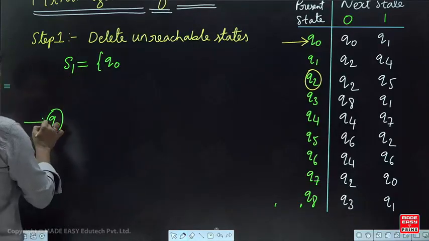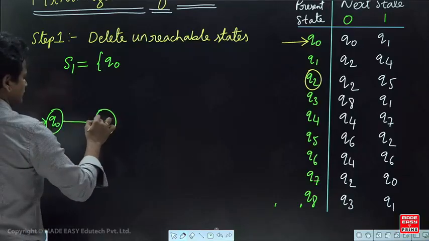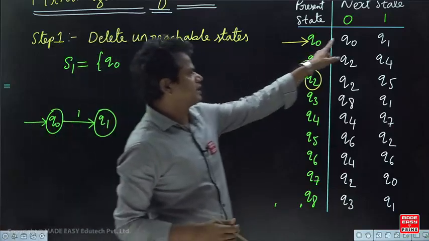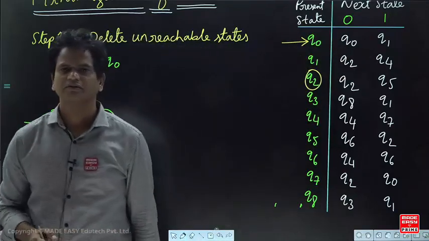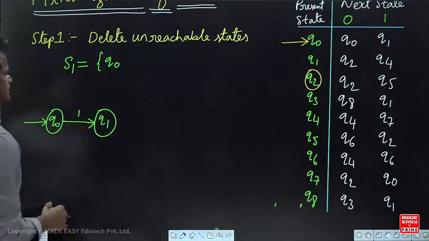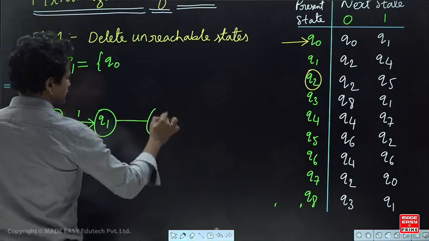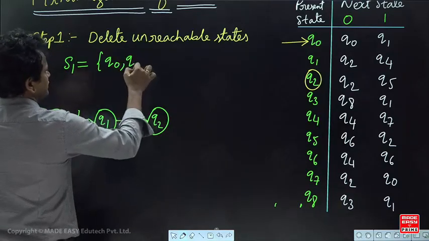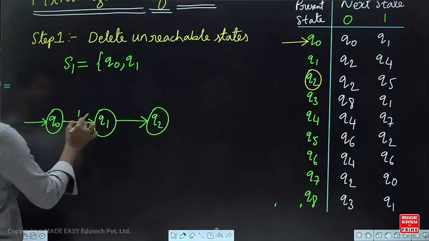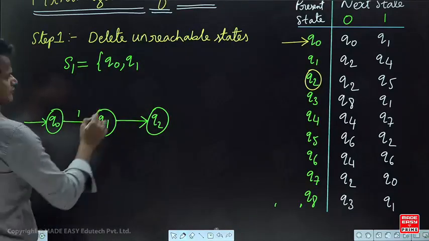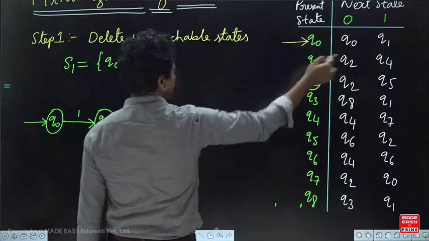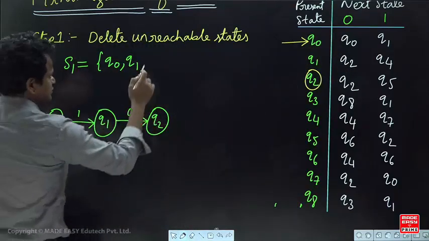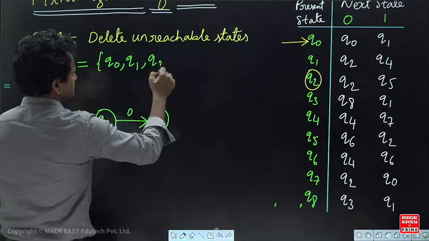Q0 on 1, I can go to Q1. Yes or no? Q0 on 1, we can reach Q1, so Q1 is reachable. Are you following? From Q1 on 0, you can go to Q2. So from the initial state there is a path to Q2, so Q2 is also reachable.